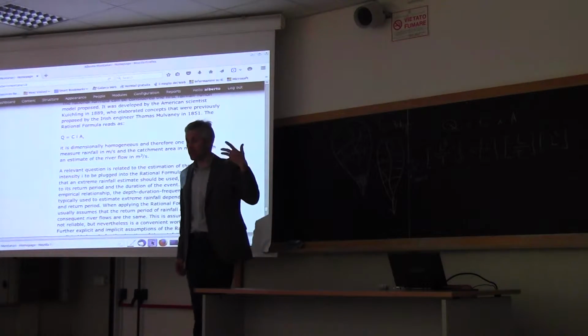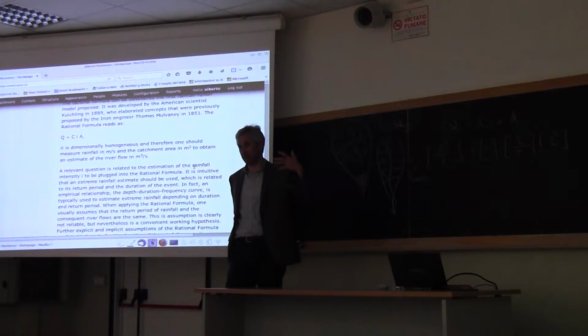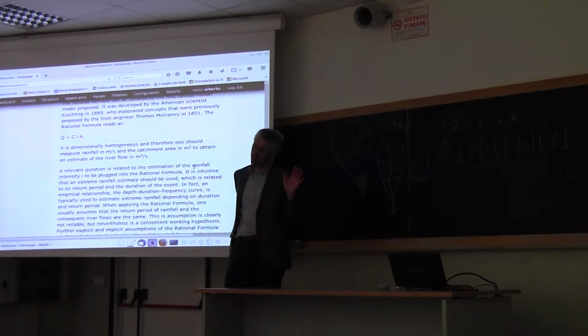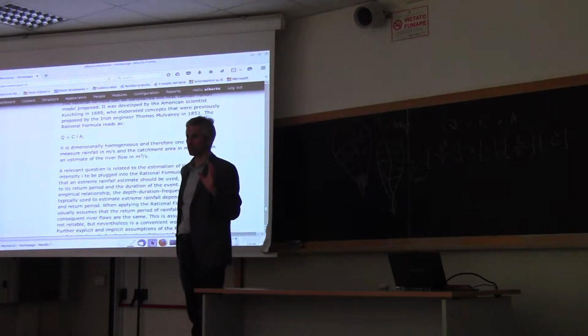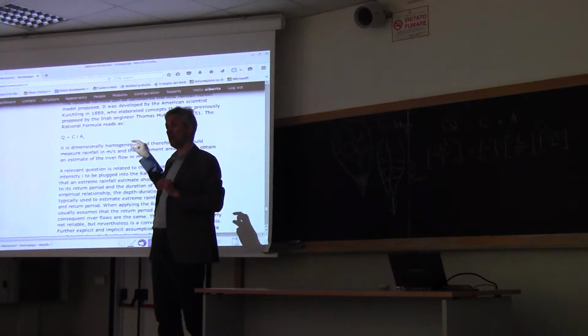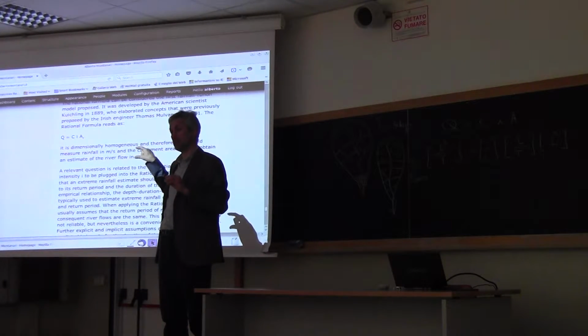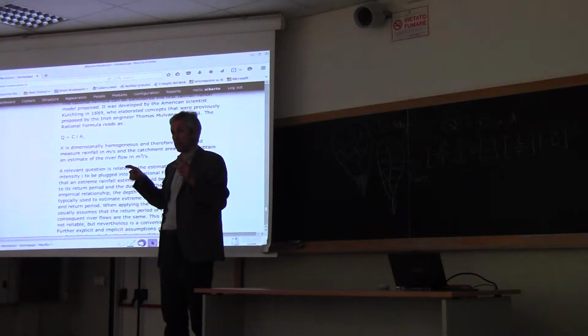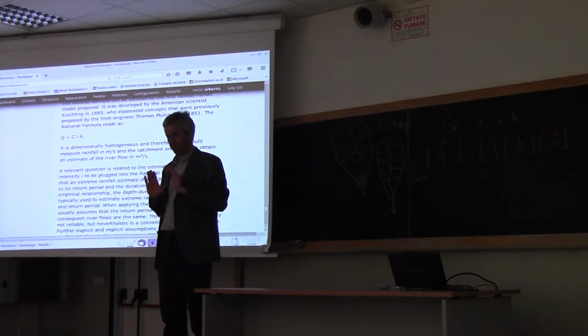So you can easily understand the physical reasoning behind it. It can also be proved mathematically, and of course we should introduce some assumptions. It's quite a long demonstration, so let's forget about it, because it's not really important. What is important for us to remember is that in the rational formula, you should plug in a rainfall intensity for a rainfall event whose duration is equal to the time of concentration of the catchment.